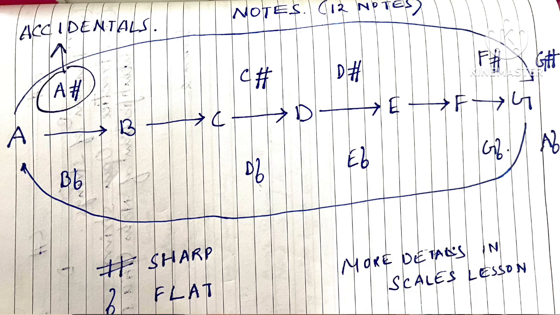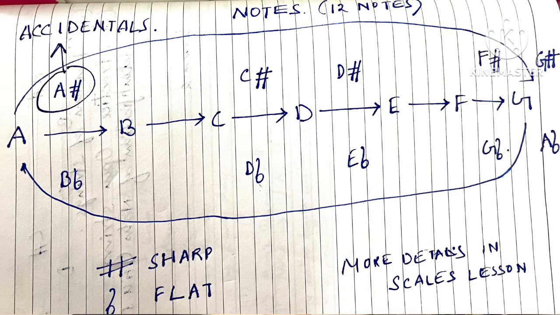Now, in between these notes, there are accidentals. Okay, what are these accidentals? First, we need to learn the symbol sharp and the symbol flat, as you can see in the bottom of your page. So, what is sharp and what is flat? When we move from A to B, the note that comes after A is called A sharp, and as the note comes before B, it is called B flat.